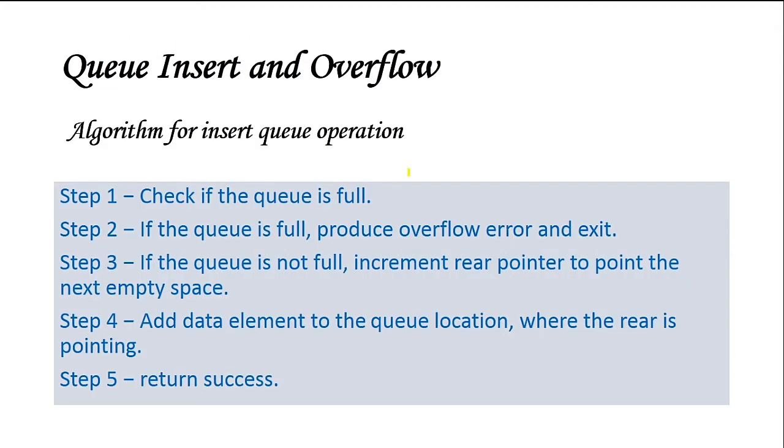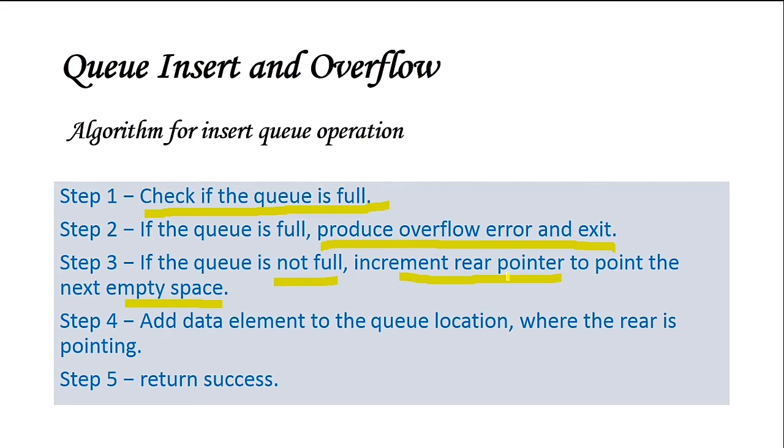Now how can we insert and how can we come to know that the queue is overflow? This is the algorithm for the insert queue operation, where you can see in step 1 you are going to check if the queue is full. If the queue is full, you cannot insert, isn't it? So if the queue is full, produce the overflow error and exit. Then if the queue is not full, what you need to do? You need to increment the rear pointer to point to the next empty space, right?